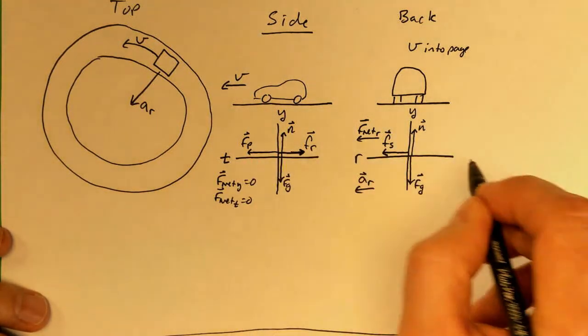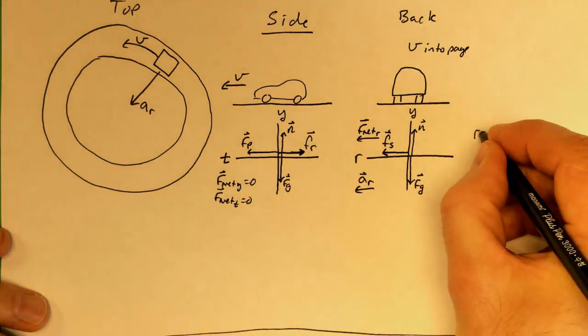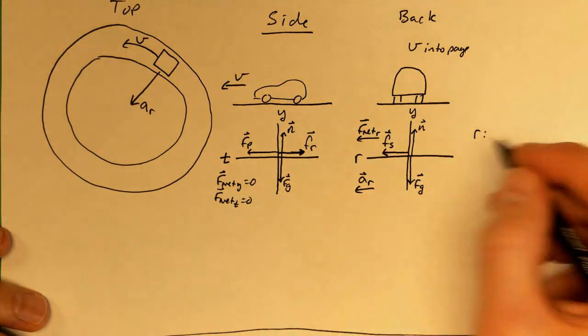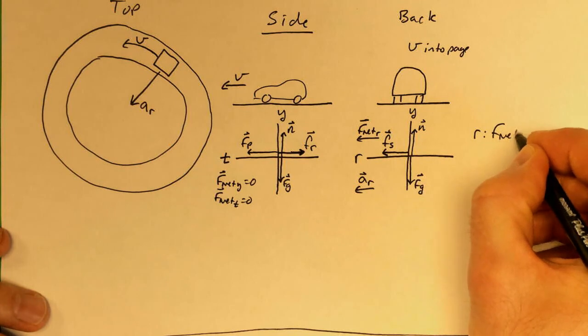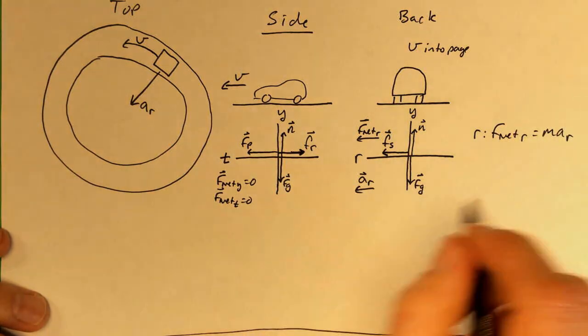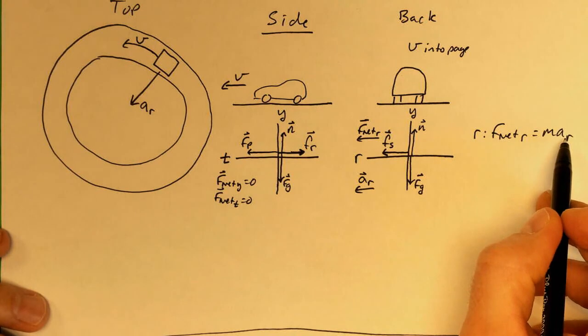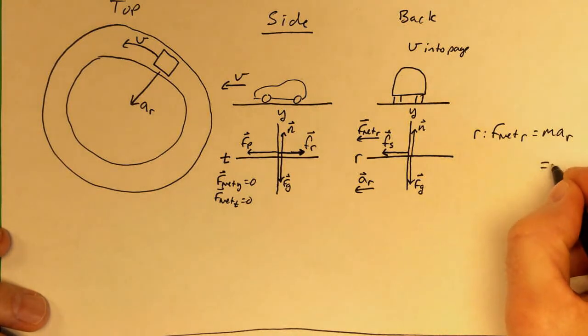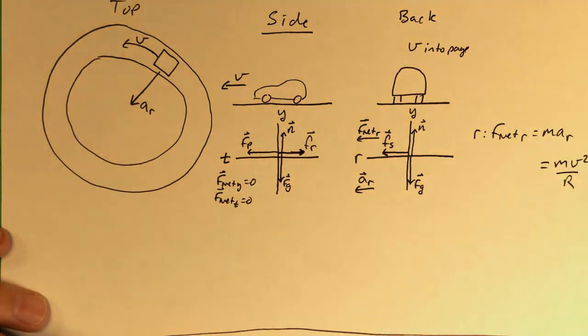So just really quick, I'm going to focus on that one. We could do the Newton's second law for the other ones, but for the R direction, I have F net R equals m AR, and AR is special. I already know that AR is v squared over the radius of the curve.